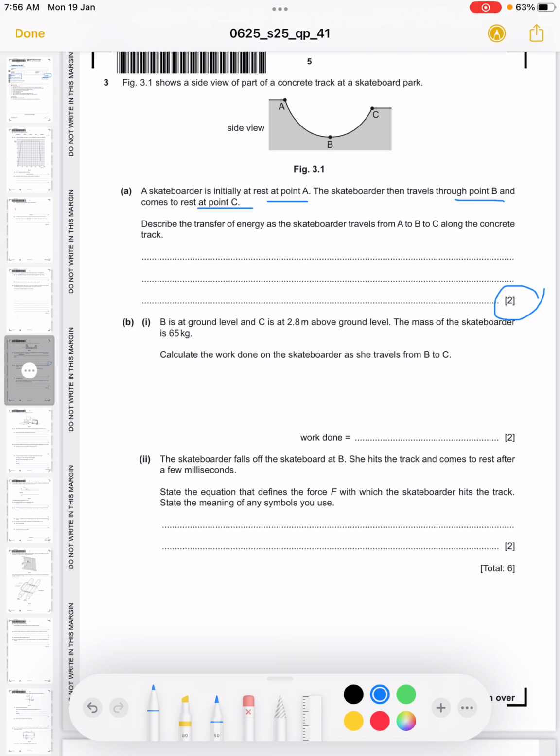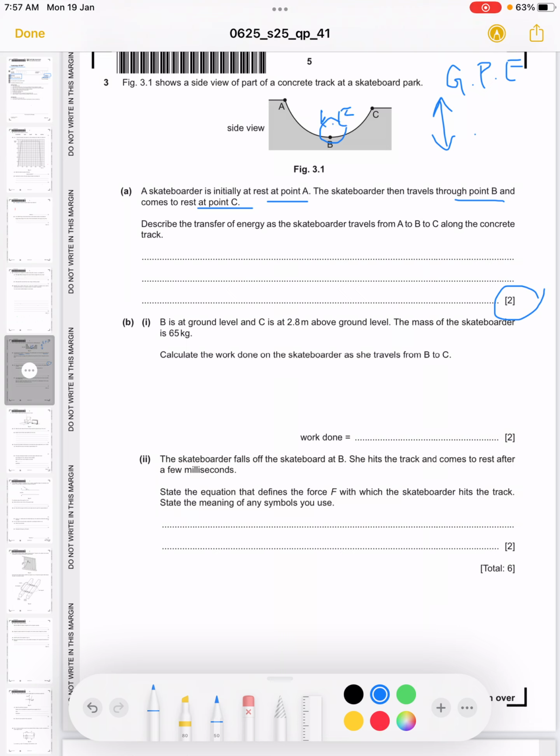2 main code words. So at point A to B and B to C, we know that if our object is at some height, it must have gravitational potential energy, and at the central point we have maximum velocity, so we have kinetic energy here.